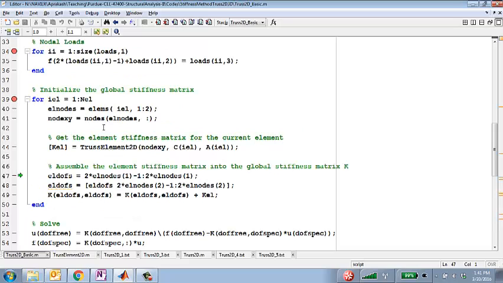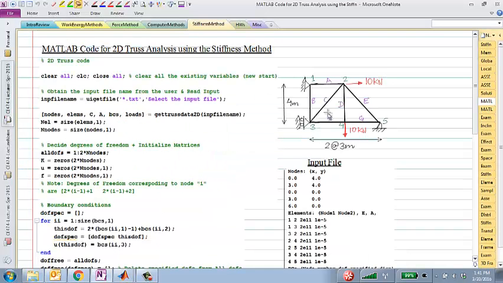the main program, and we find the nodes that this element is connected to. Clearly element 3 is connected to nodes 2 and 3, which is degrees of freedom 3 and 4 at node 2 and 5 and 6 at node 3.